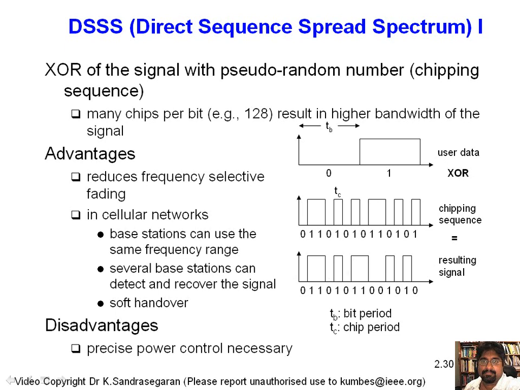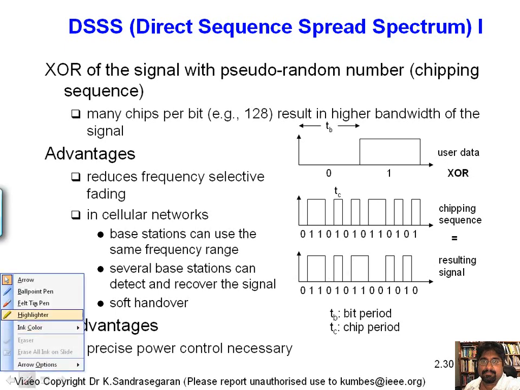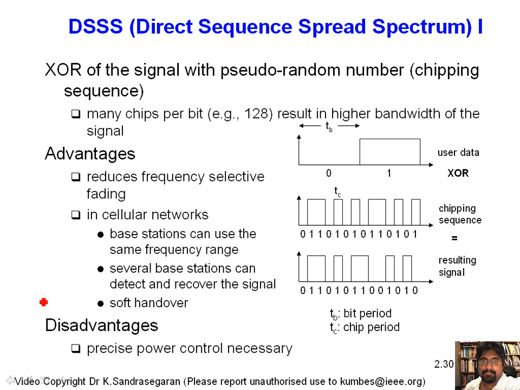Now you'll notice that if, for example, some kind of fading occurred when this signal is transmitted and these bits got wiped out, imagine that these bits got wiped out in the transmission process. Because the information is also contained here, by looking at these bits and comparing them with the chipping sequence, you know that what you transmitted here was a 1.